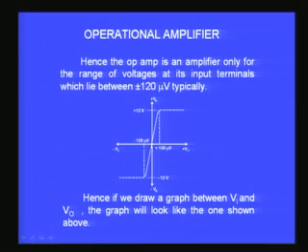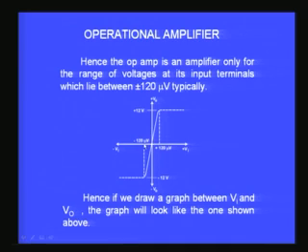Similarly, when I look at the negative side, if I keep increasing my voltages on the negative side, minus 10 microvolt, minus 20 microvolt, etc., you would find till I reach a point corresponding to minus 120 microvolt, I will get linear behavior.